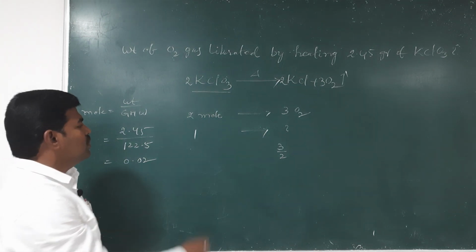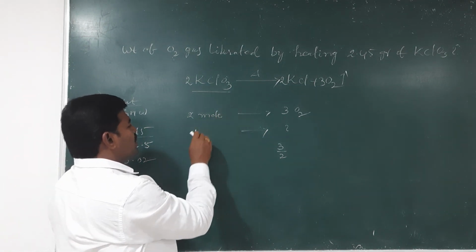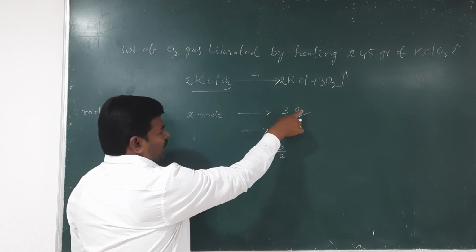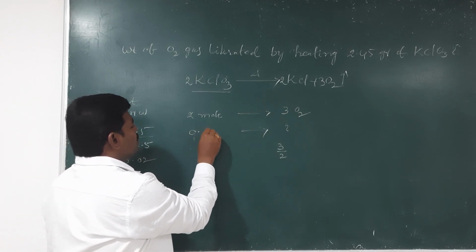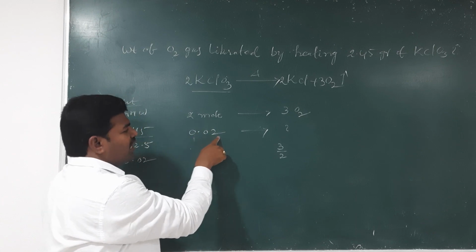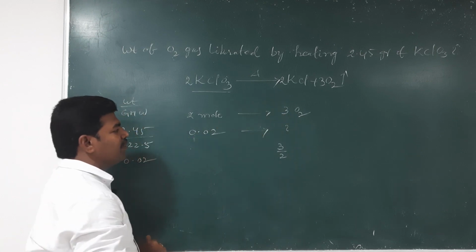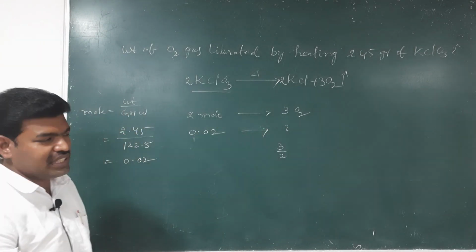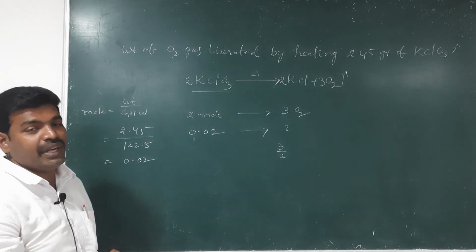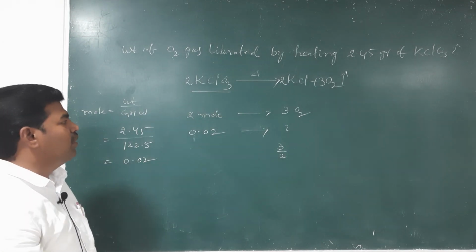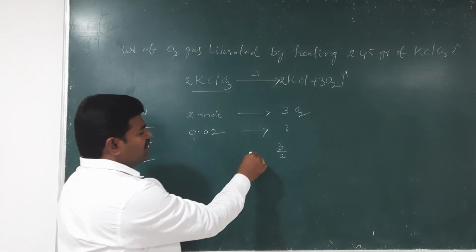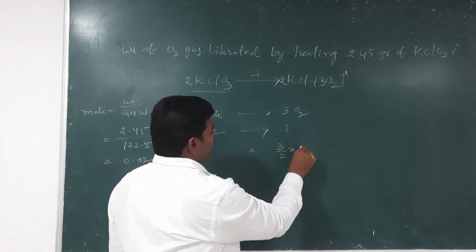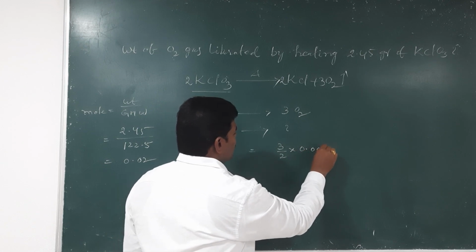Therefore, 2 moles of potassium chlorate liberates 3 moles of oxygen gas, then 0.02 moles of potassium chlorate liberates how many moles of oxygen gas? We can simply solve this problem by 3/2 into 0.02.